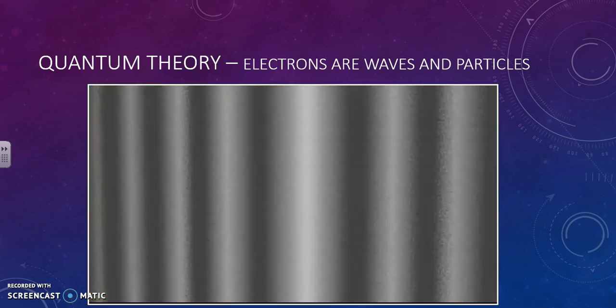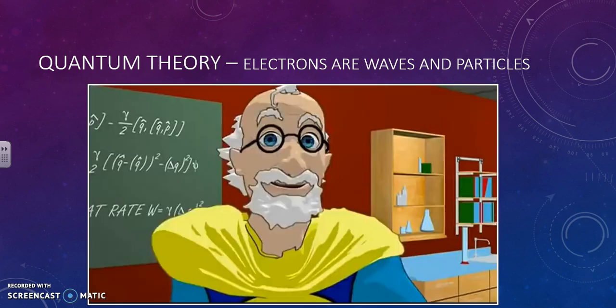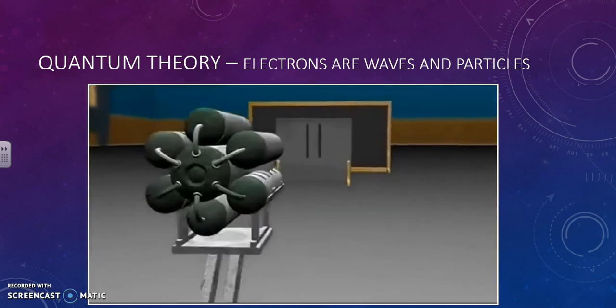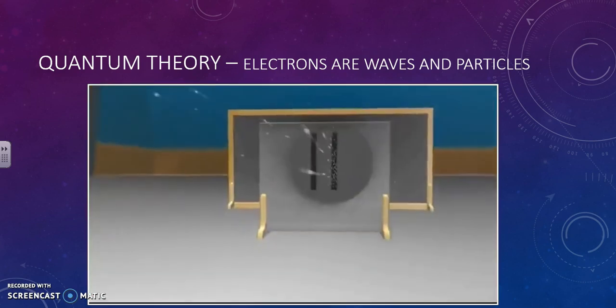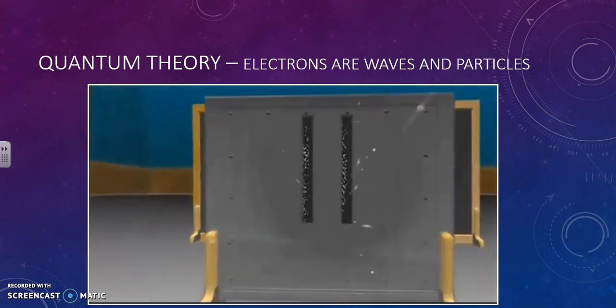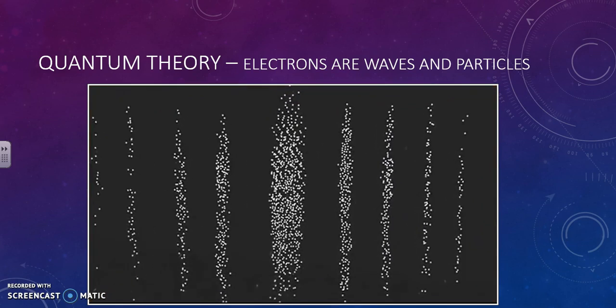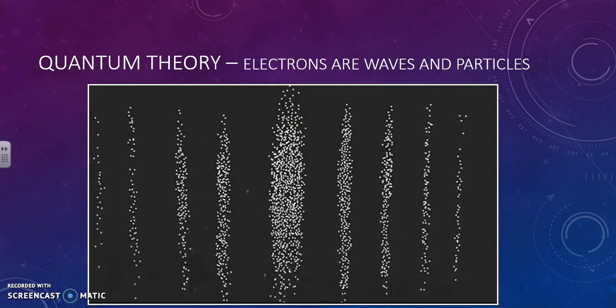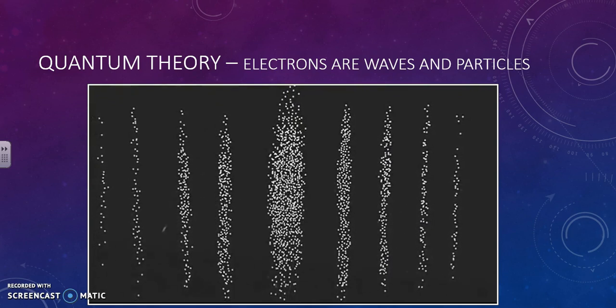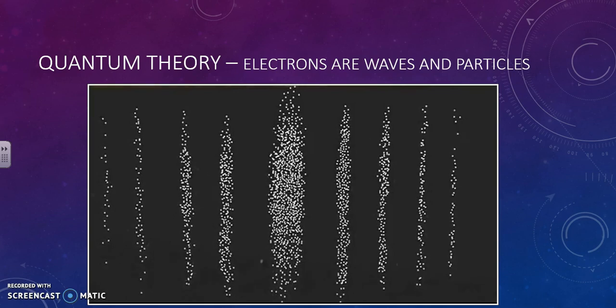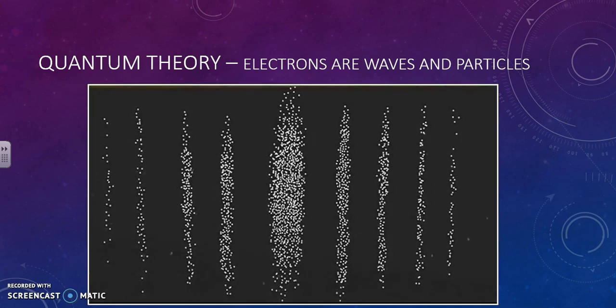What? An interference pattern. We fired electrons, tiny bits of matter, through. So we get a pattern like waves, not like little marbles. How? How could pieces of matter create an interference pattern like a wave? It doesn't make sense.